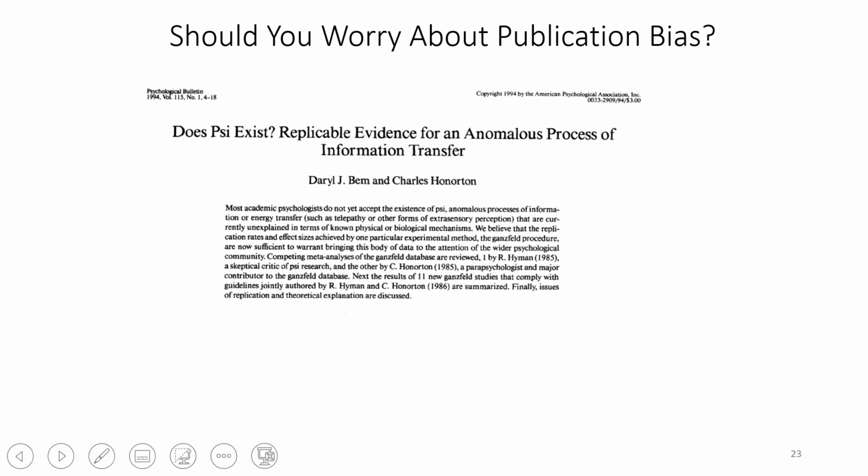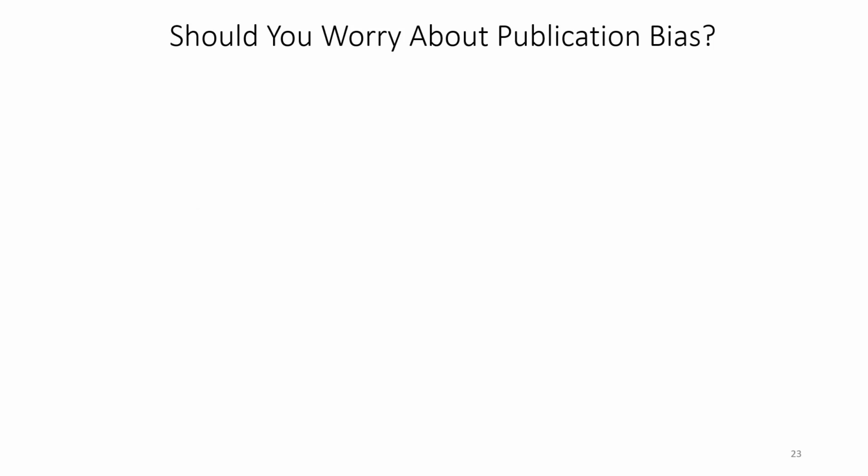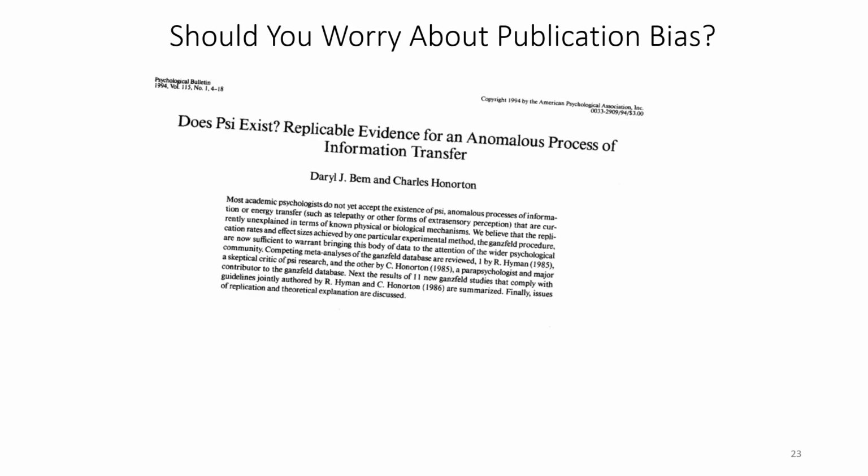All right, should you worry about publication bias? I raise this question because I think you probably would be aware if there is publication pressure for a particular phenomenon just by virtue of being a practicing scholar. Nowadays, you've got prediction derbies out there predicting whether an effect will replicate or not.